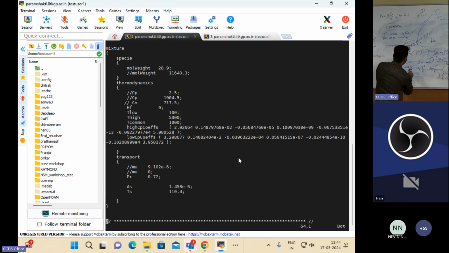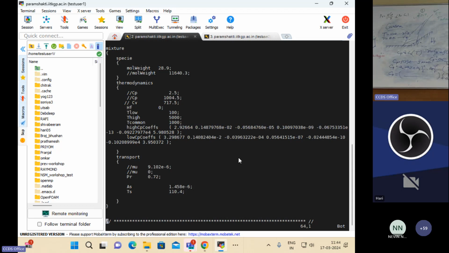So this set of coefficients is what you have to pick up. This is A0, A1, A2, and then the other two coefficients. This is valid for the high temperature polynomial, and another is valid for low temperature. And these are the temperature ranges: 500 to 1000 low CP, 1000 to 5000 high CP, right?